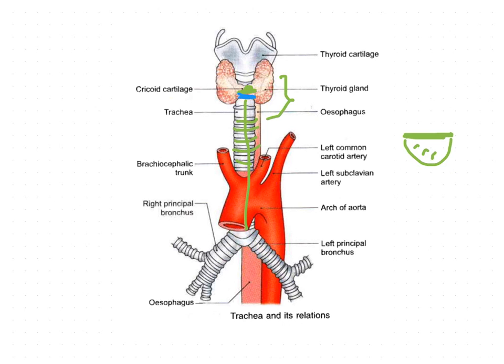Here you can see the brachiocephalic trunk, and at this part you can see the brachiocephalic artery and the cervical thymus gland, which may sometimes lie in front of the lower part of the trachea.